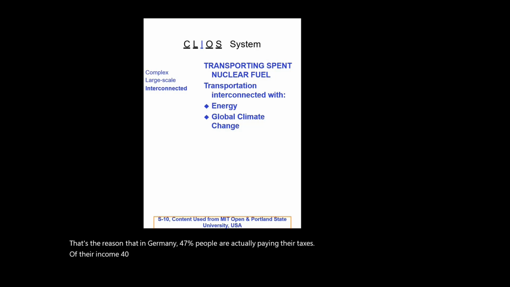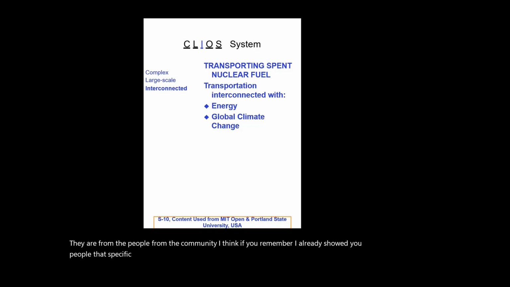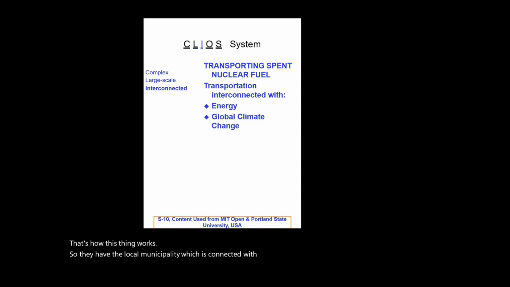47% is the rate of the income tax, but they are part of every decision. Every decision they ask from the people, from the community. I think if you remember, I already showed you that specific chart of how this works. They have the local municipality, which is connected with the city level, which is connected with the province level, which is connected with the federal level.